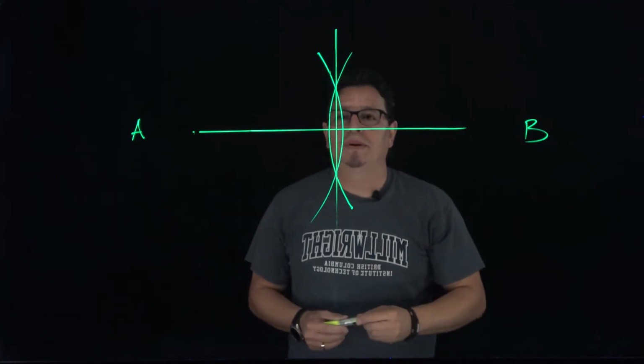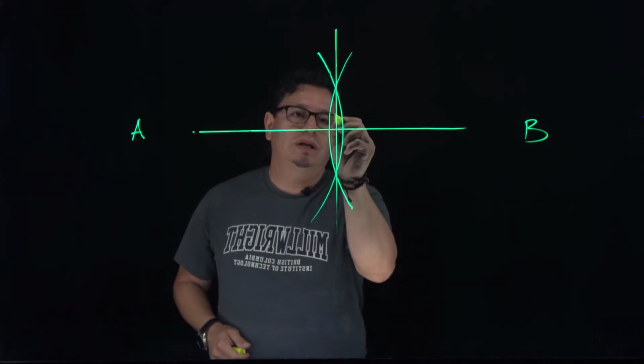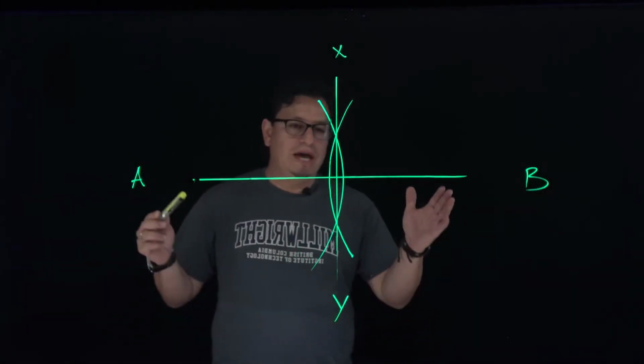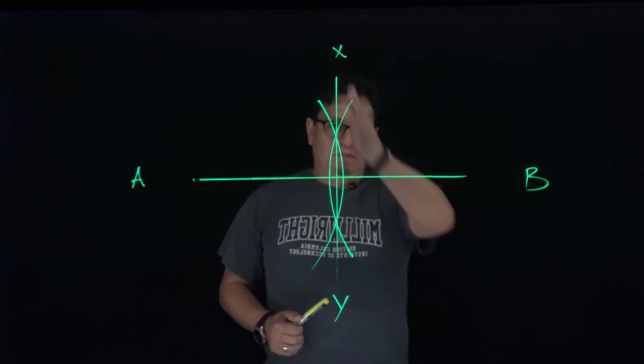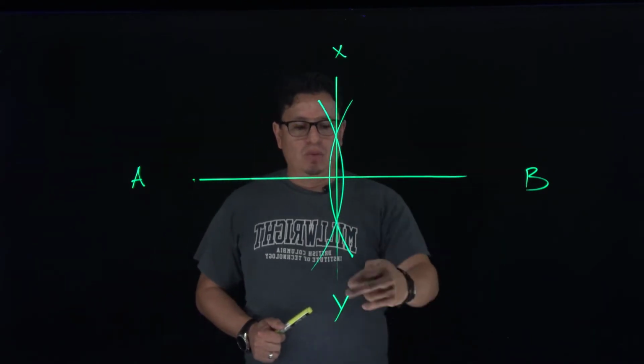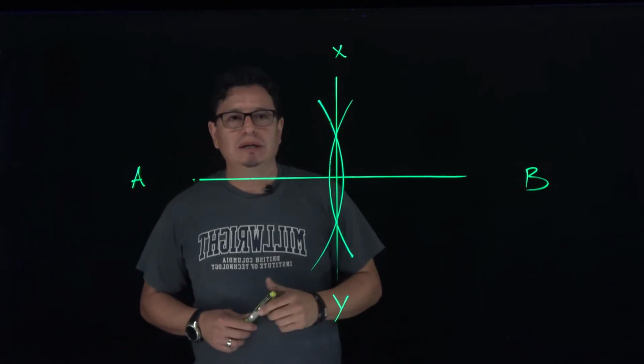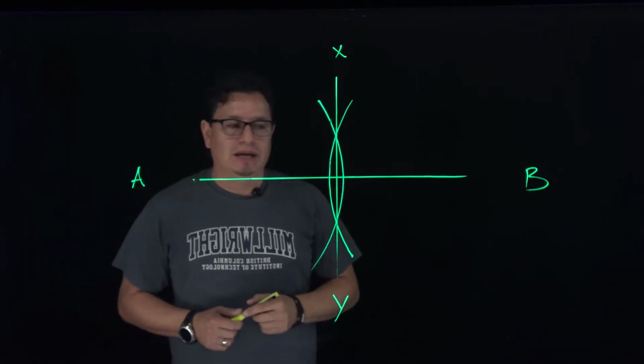So here is your perpendicular line. If you were to take a look at here, we would have a 90 degrees right there. So what we have now: perpendicular lines, we have our arc. We labeled our X and Y here to make sure that you understand that this is our second line.